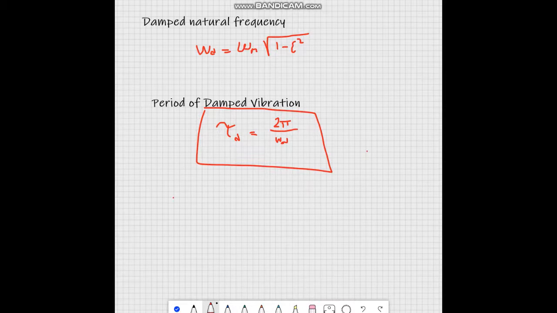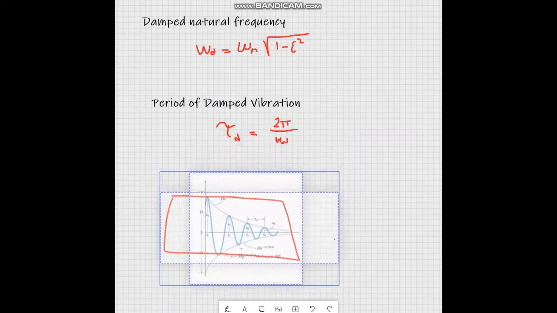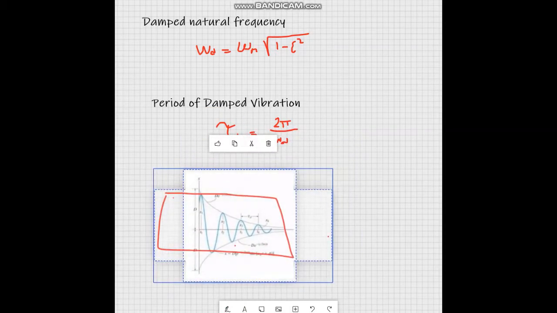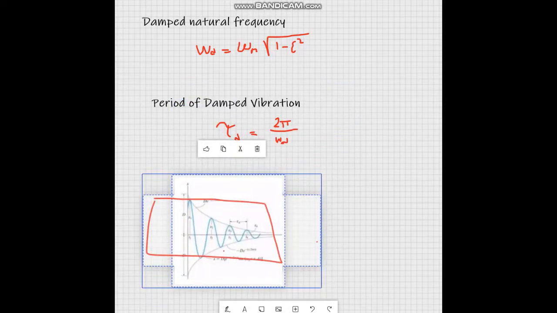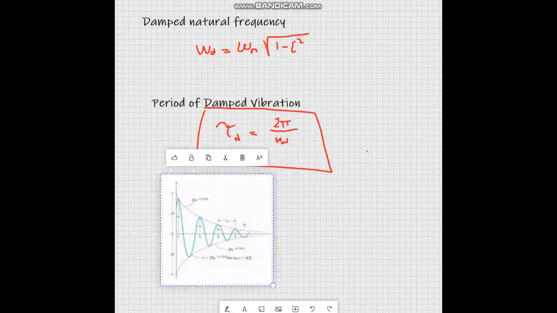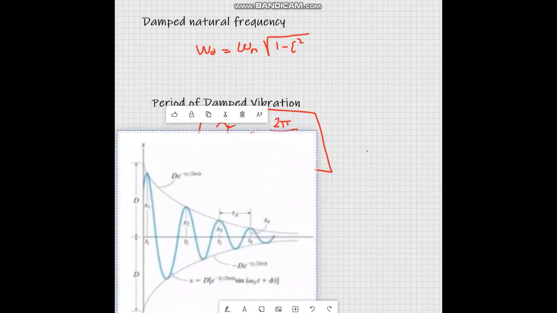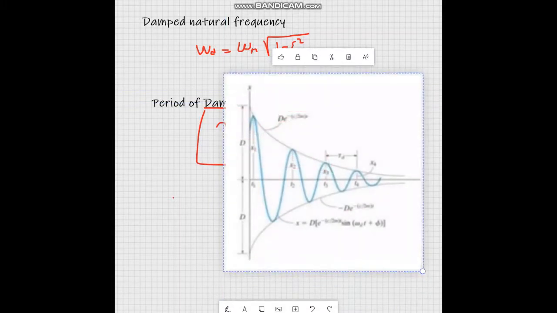Let me expand. So this is how this motion looks. We have a long term, then there is a damping.